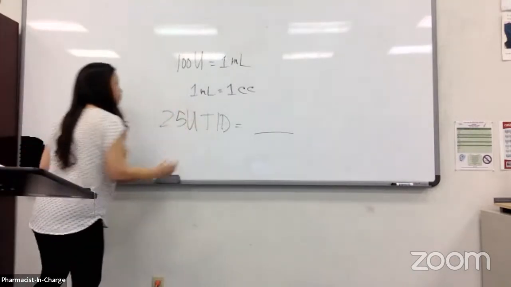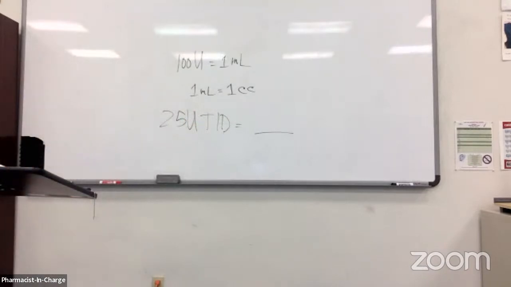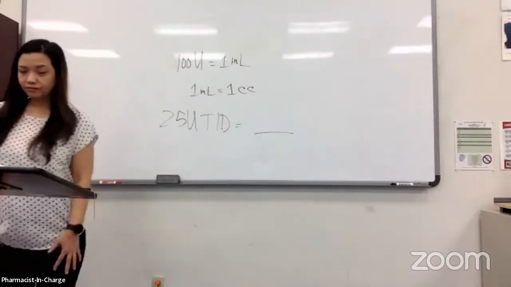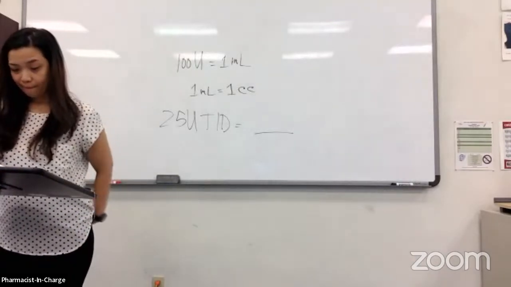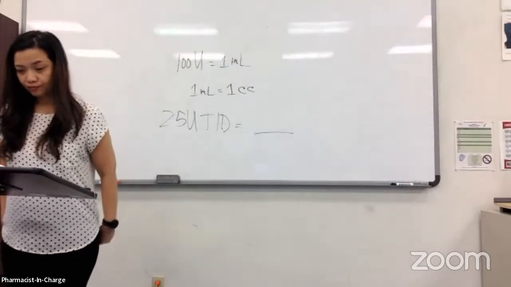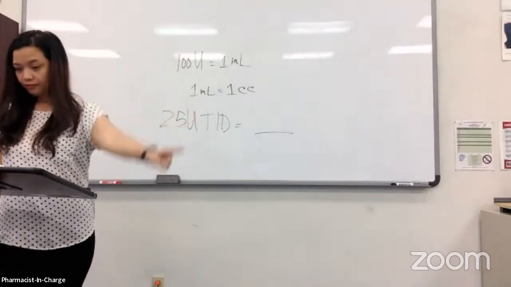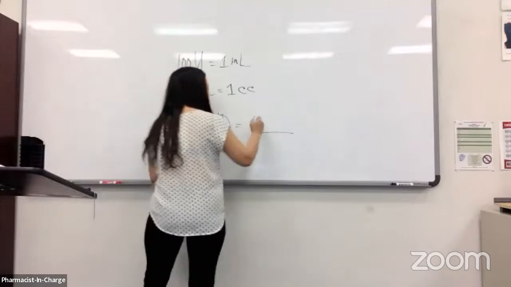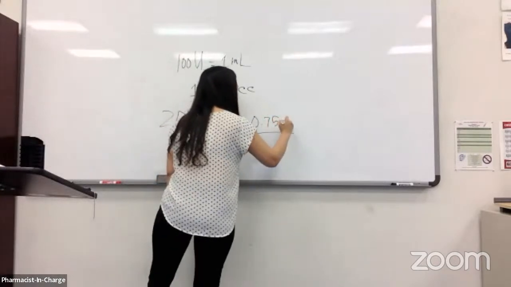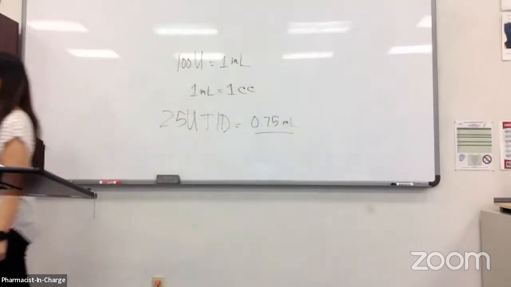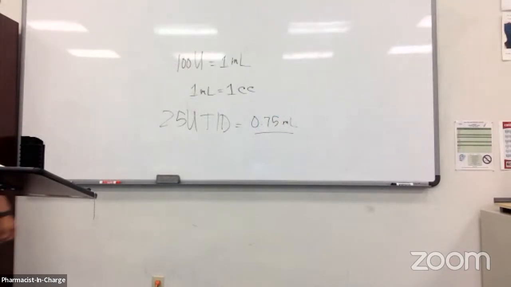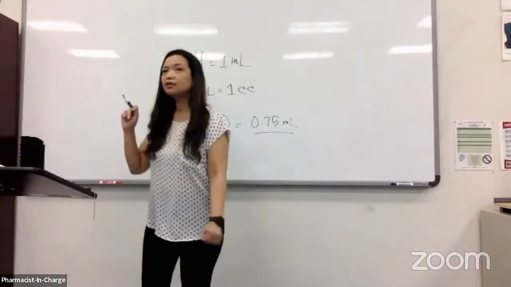Units is abbreviated as capital U. 0.75. Any more answers? What's your answer? 0.75. Right, said 0.75 ml. Jonathan said 0.75 ml. Any other answers?